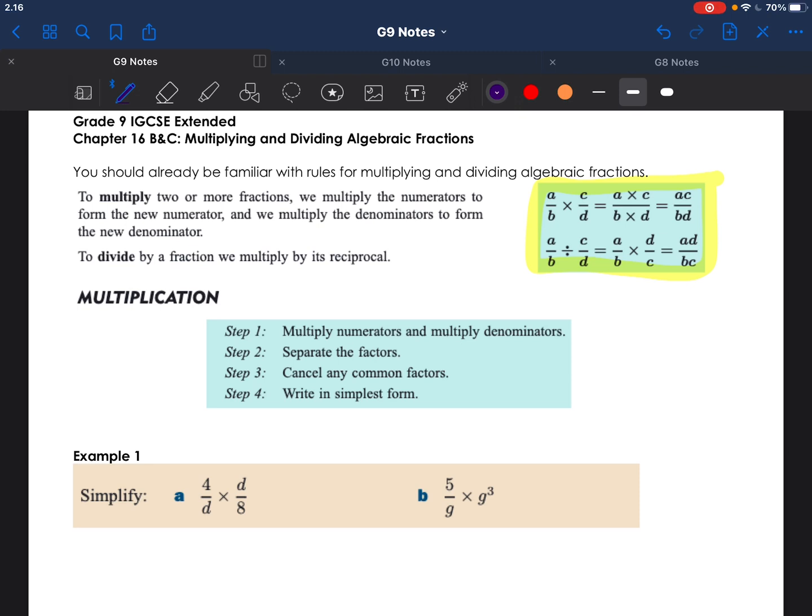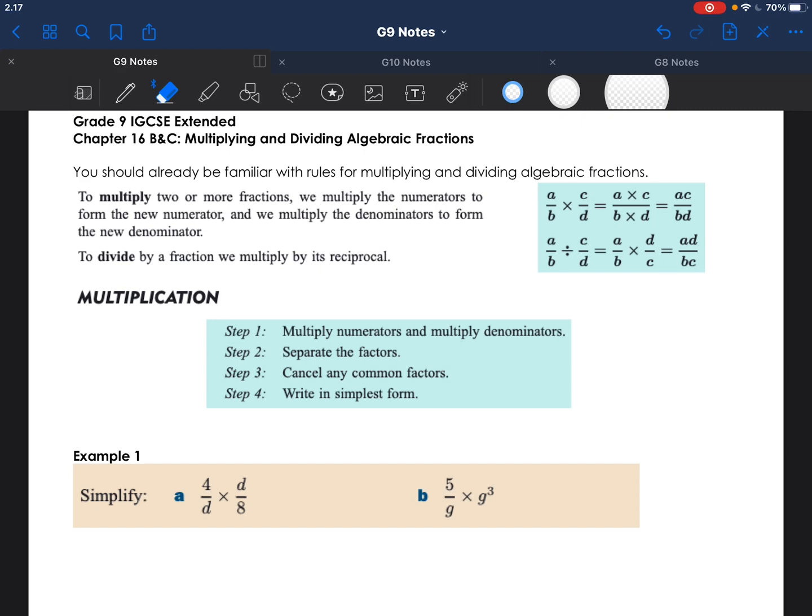For division, if you guys remember from grade 7, and I hope you do because we had a lot of videos of keep, change, and flip, right? In other words, what you do is you keep the first fraction, you change the sign to become multiplication, and then you flip the second fraction. So keep, change, and flip. Okay, that's division with fractions.